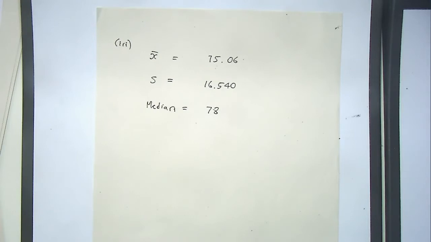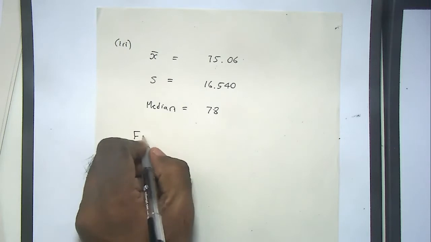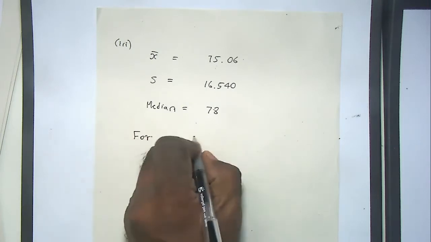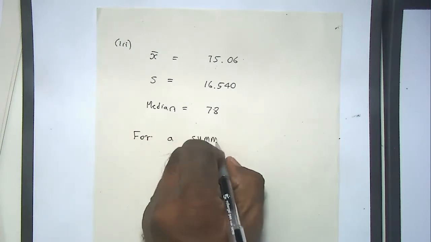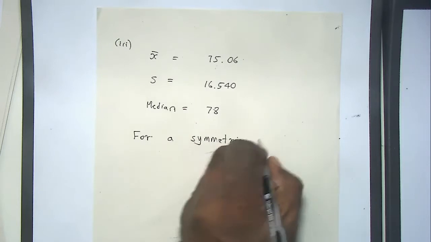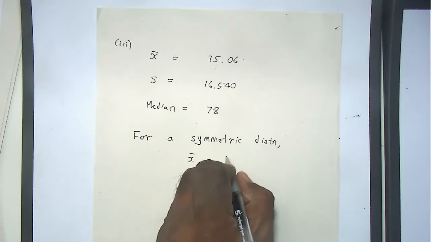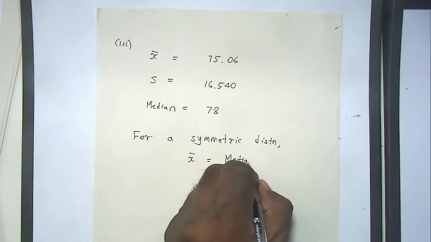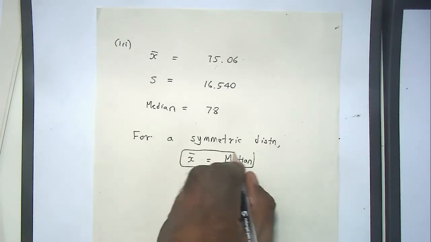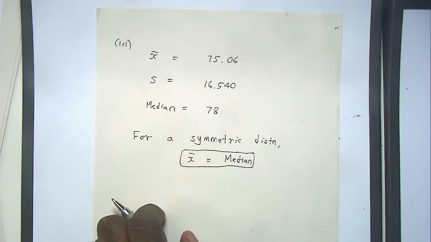The mean is 75.06 and the median is 78. Now, if a distribution is symmetric, then you would expect, right, for a symmetric distribution, the mean and the median must be equal.